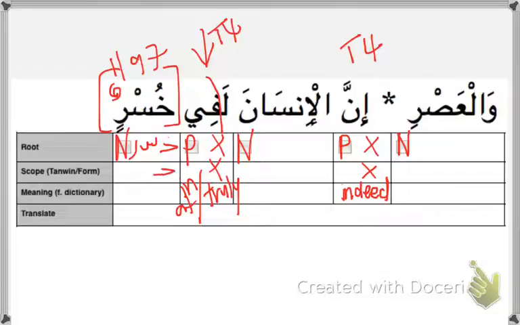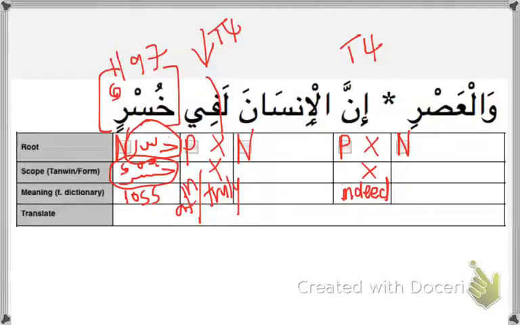So the scope would be like this: khusrun. Then you go to the dictionary, add the root entry of kha sin ra, and find the scoped noun, which is this, and then you will get the meaning, which is loss.